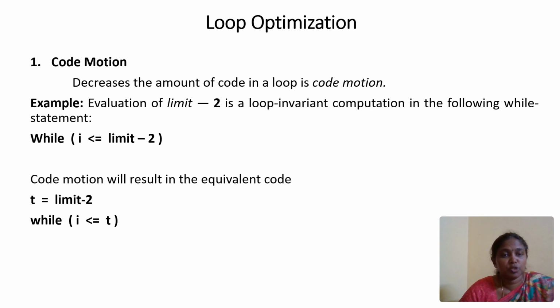So limit minus 2 is the loop invariant computation. We need to move that limit minus 2 statement outside of the loop and assign it to a temporary variable t, and then this t is used inside the loop. Therefore, the computation time is reduced.